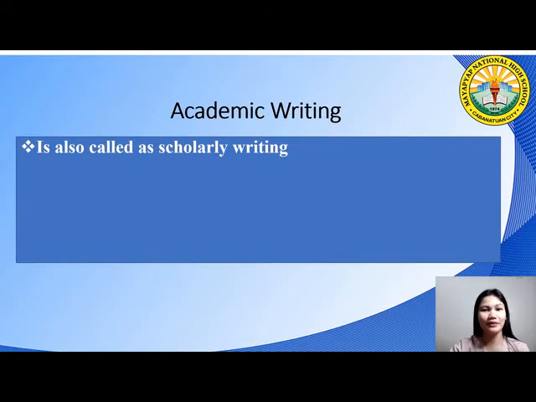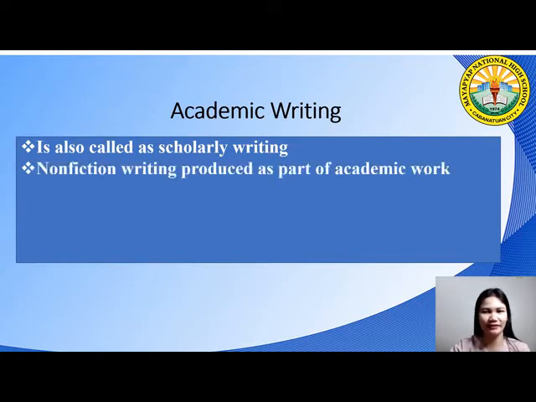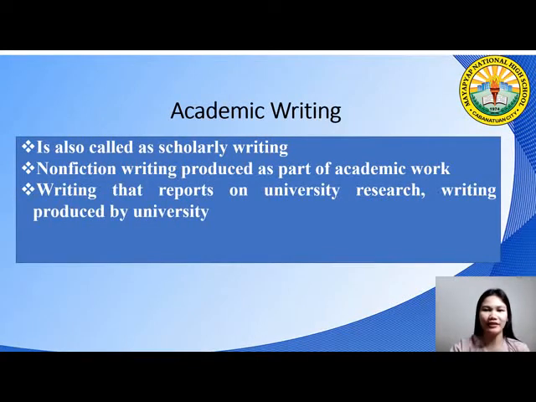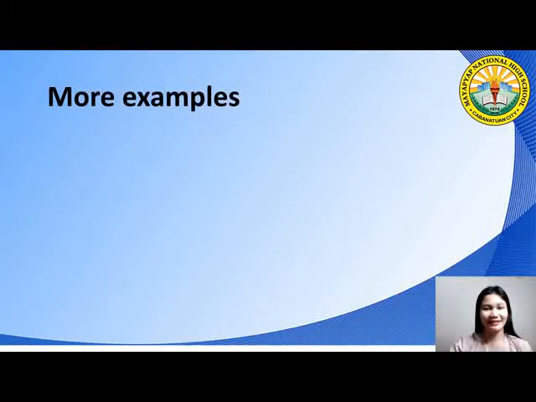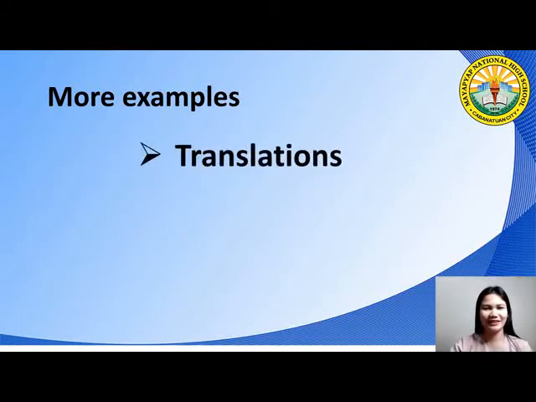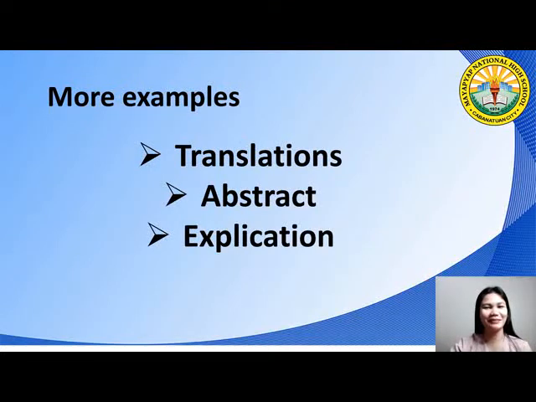Academic writing is also called scholarly writing. It's a non-fiction writing produced as part of academic work. It's a writing that reports on university research, a writing produced by a university, and a writing in which scholars analyze culture or propose new theories. Let's have the following examples: translations, abstract, and explication.